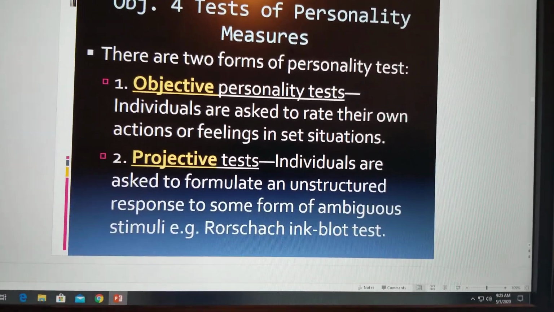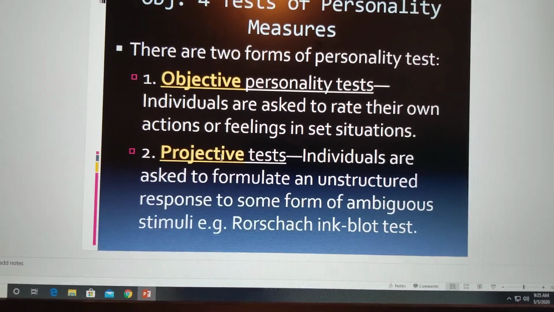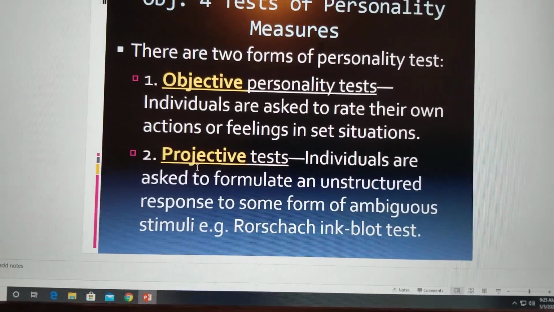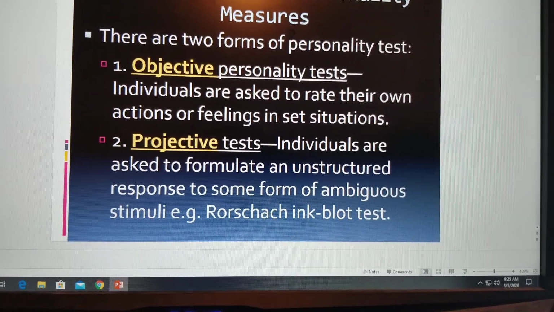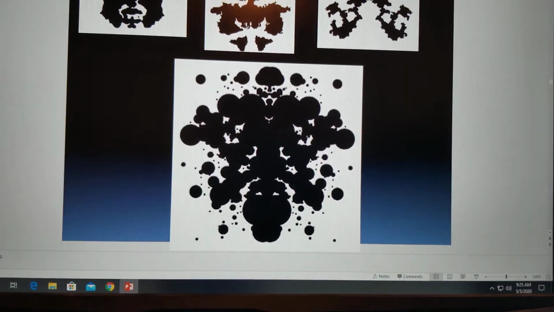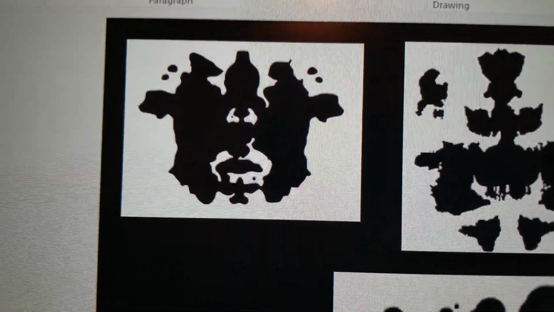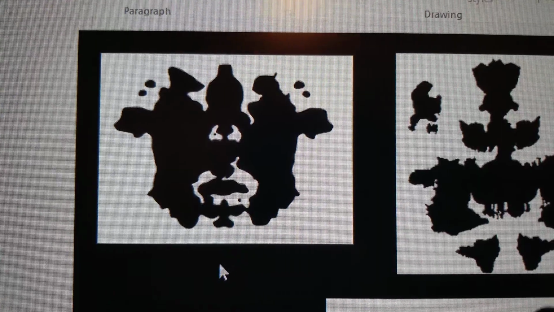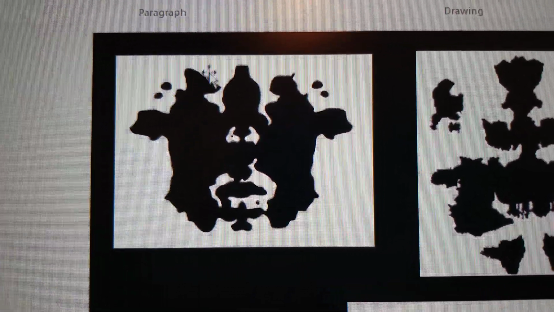Projective means it's not structured. It is really abstract. Let me just show you this: Rorschach's ink blot test is a great example of a projective test. If we look at this picture, I've mentioned before that I've got kids at home, so when I see this picture, I see Yogi Bear. There's the eyes, the nose, the mouth, and his face has been shoved in a pie.